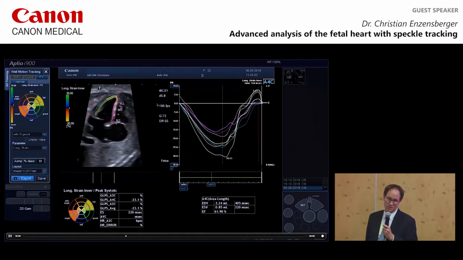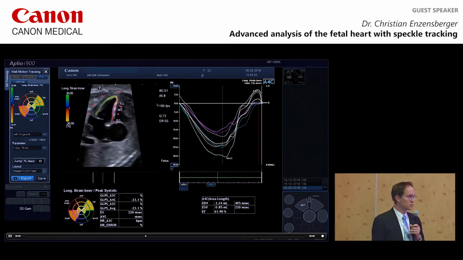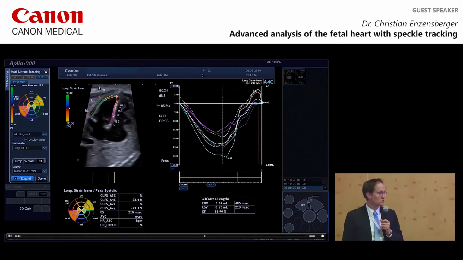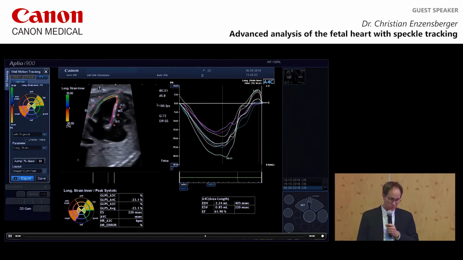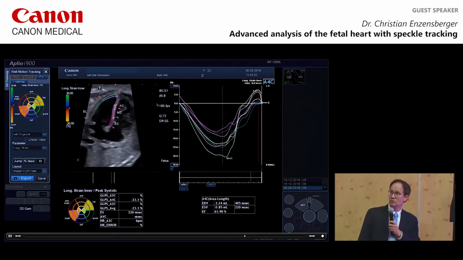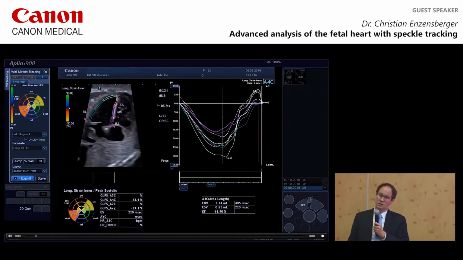195 frames per second. You have to keep in mind this is at the beginning of 30 weeks of gestation. When you go home, within the next days when you sit in front of your ultrasound machine, try to get these high frame rates at that gestational age.